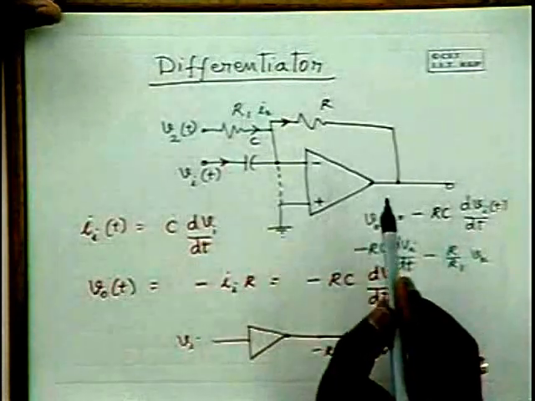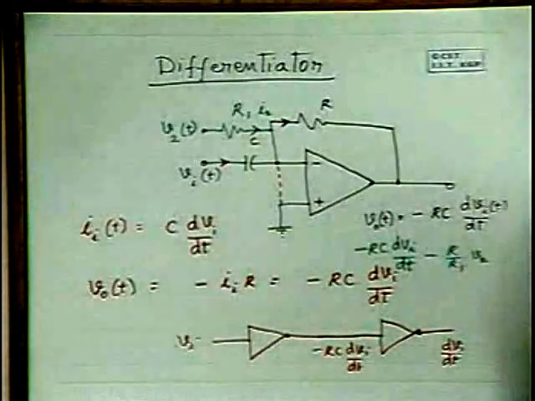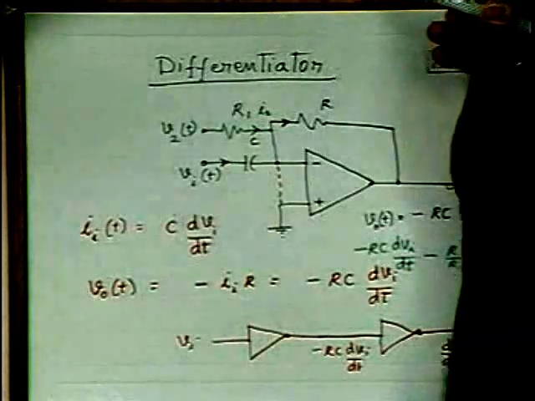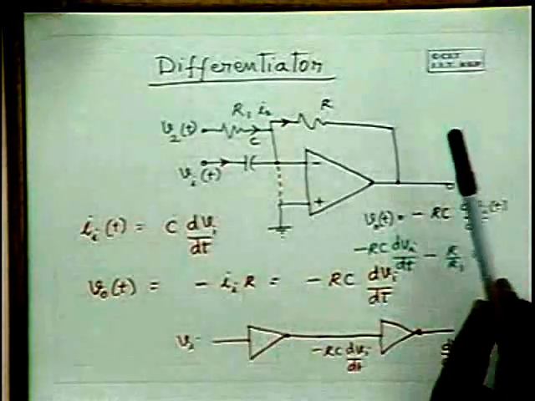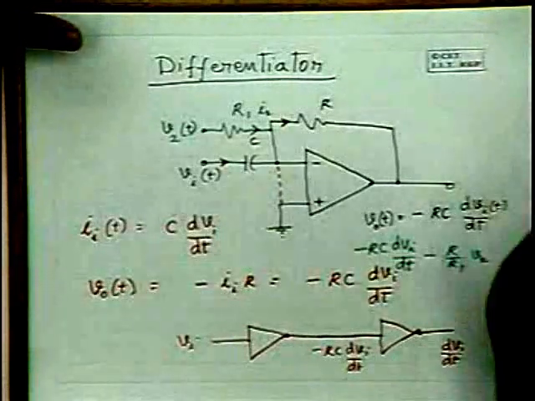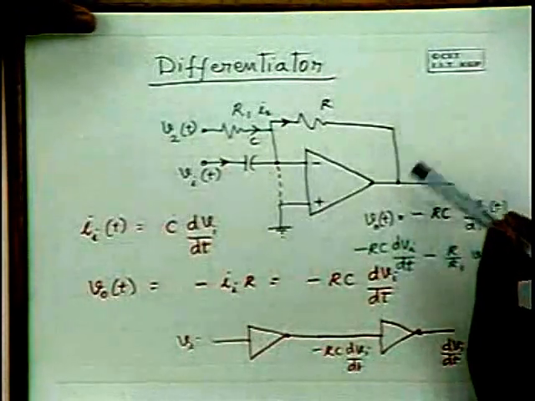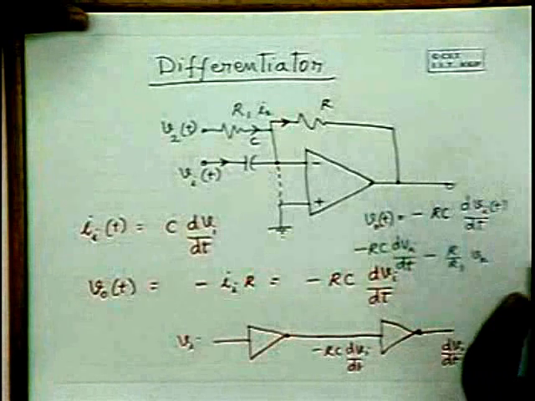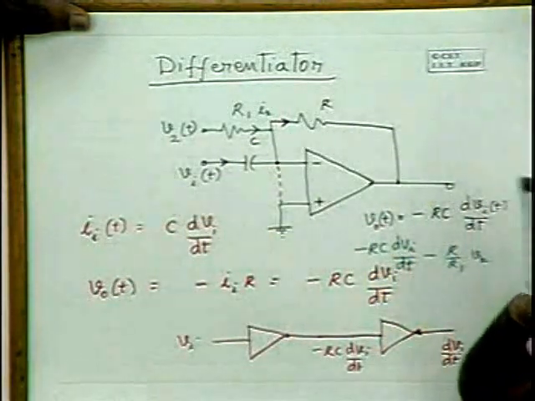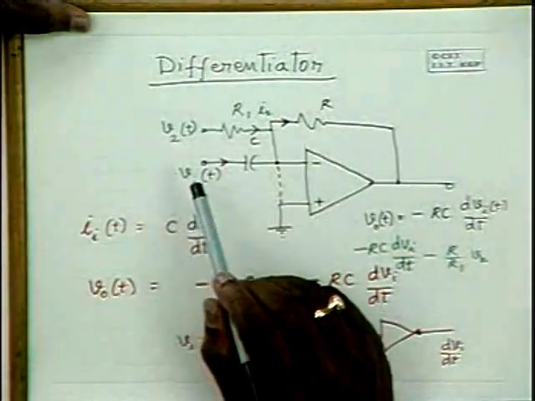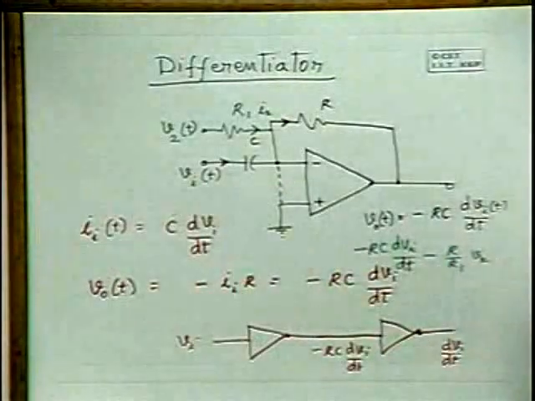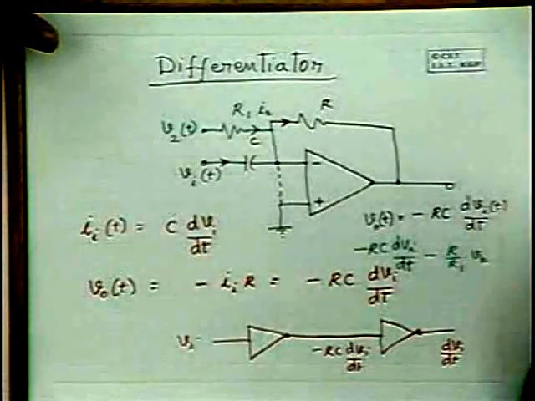So like this you can have different kinds of combinations that can be used, and please note that you can solve differential equations using operational amplifier circuits. You apply an input and you get an output where the input-output relationship is a differential equation.